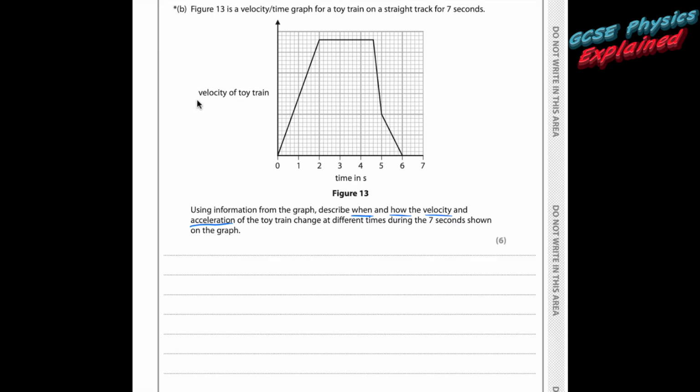Right, so we need to talk about the velocity. Well, first things first, if it's talking about the acceleration, let's write down that we know that the gradient of the graph, so how steep the graph is, that tells us acceleration. And we also need to talk about the velocity.